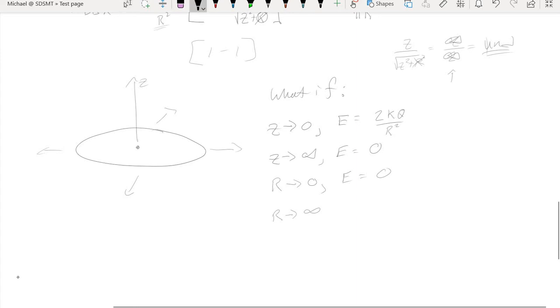If you stretched the ring out, well, you would be taking all the charge that was sitting on that ring, and you would be moving it infinitely far away from you, and you would no longer be able to see that ring. With the disk, however, you're not moving all of the charge away from you. You still have the surface area of that disk, and so you still have charge that is close by.